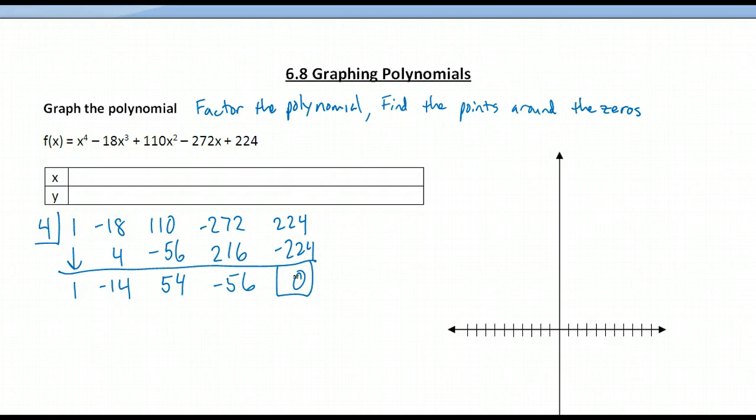Add. Well, this is good. I do get a remainder of 0. I synthetically divided by 4. 4 is a 0 of this function, which means that x minus 4 is a factor.